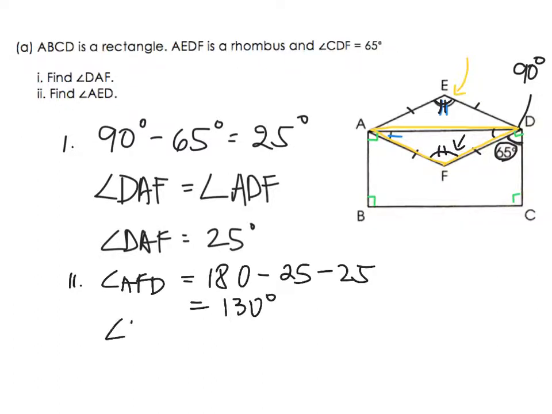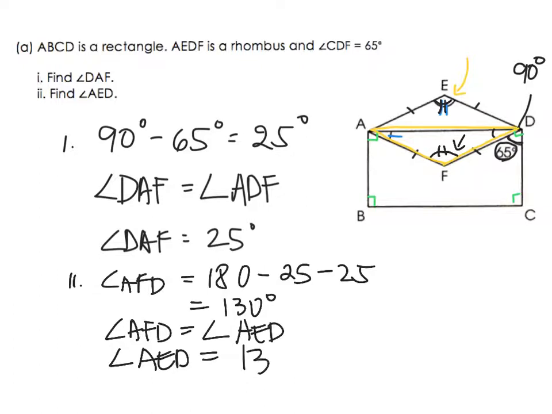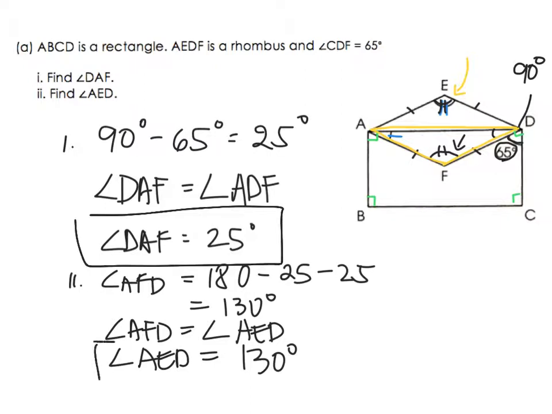And since angle AFD is equal to angle AED, we can say that angle AED is equal to 130 degrees. And this is an example on how to use the angles in geometric figures to solve for other portions or other angles, as you can see here and here.